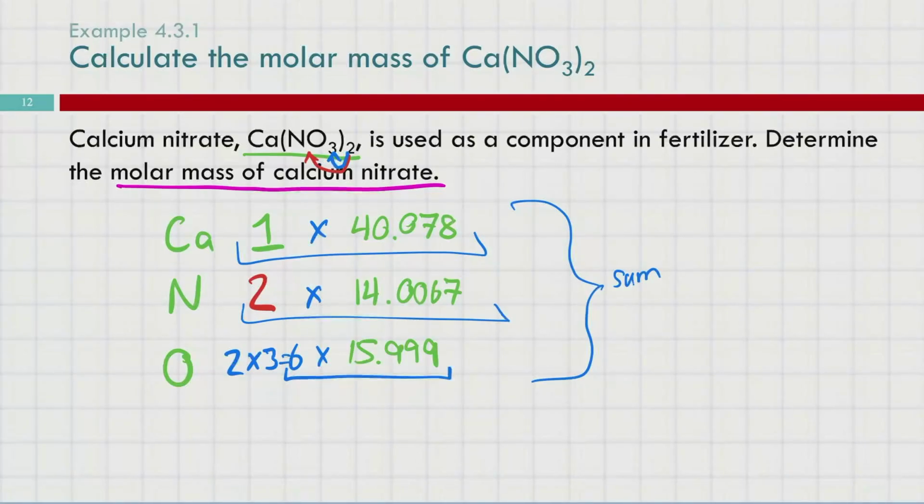So 40.078 plus 2 times 14.0067 plus 6 times 15.999 equals, you should get a number of something like 164.0854.